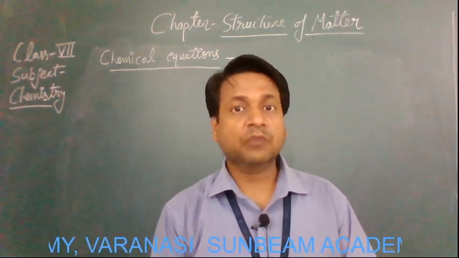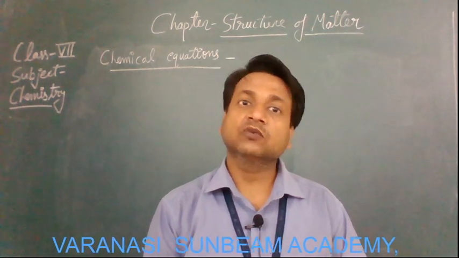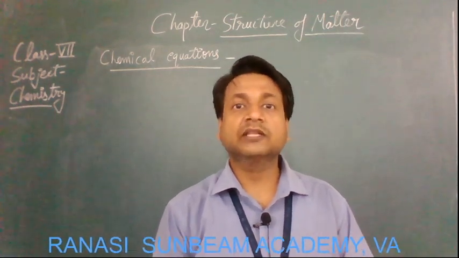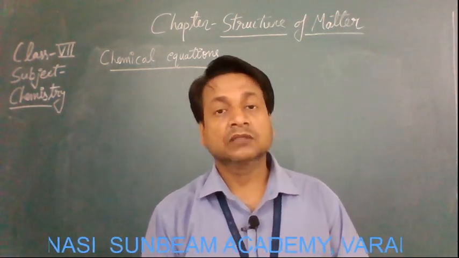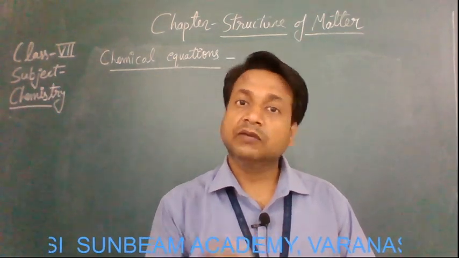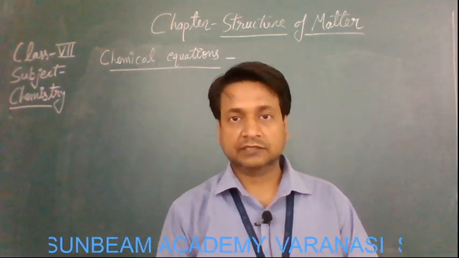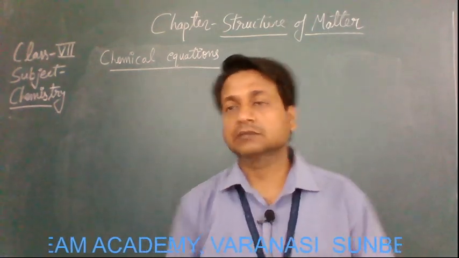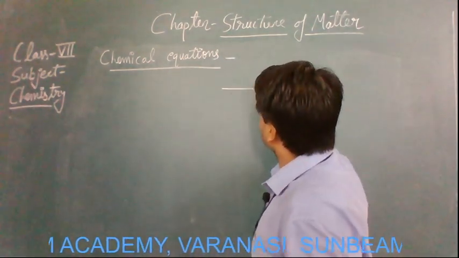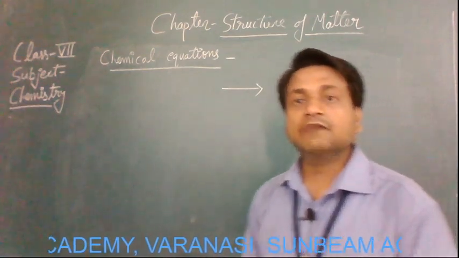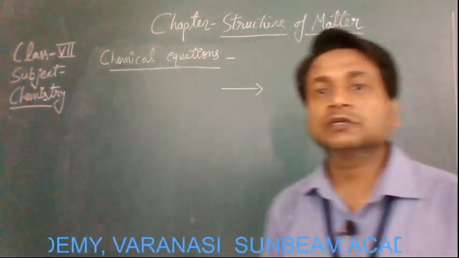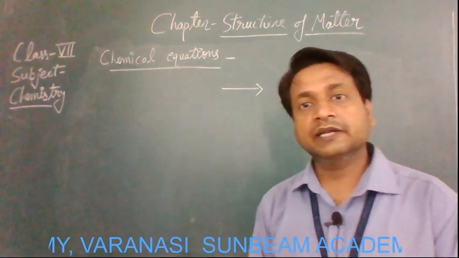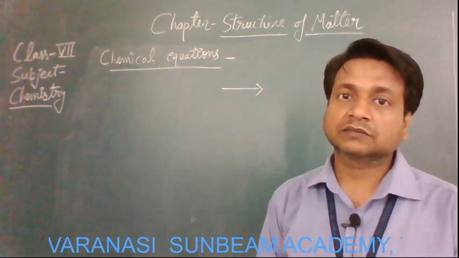So there are three important points that you must know to write the chemical equation. The first thing is that between the reactants and the products, there should be an arrow sign. The sign of arrow must be put between reactants and products.